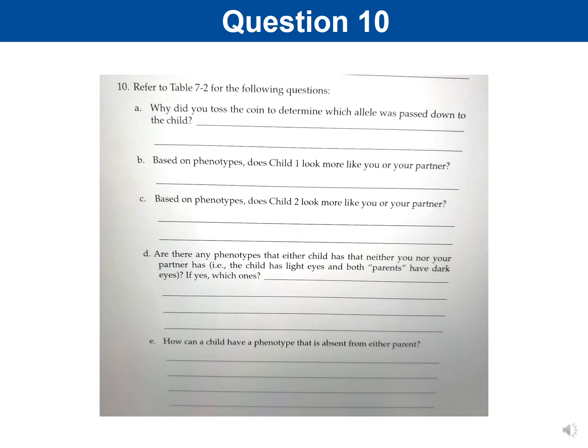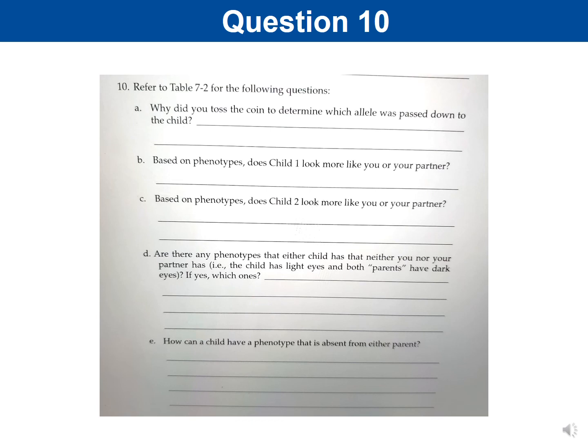C, does child 2 look like you or your partner? Same thing. D says, are there any phenotypes that either child has that neither you nor your partner has? The child might have light eyes and both parents have dark eyes. If yes, which one? In the example that I did in class, my partner and I had non-red hair, but we had a child that had red hair. So I would write red hair here.